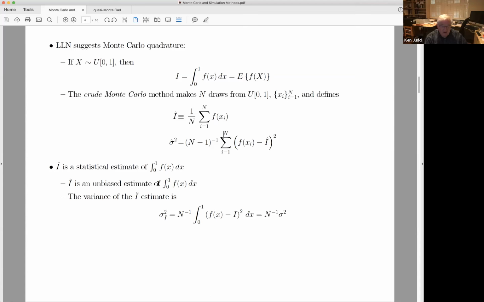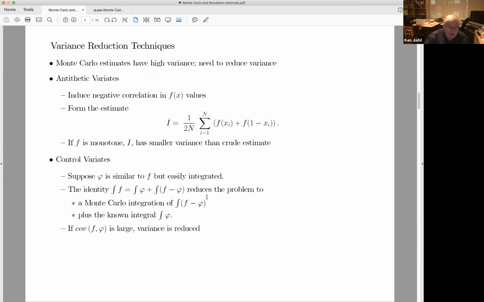And so I hat is an unbiased estimate of this integral. And then you say, hey, I've approximated the integral. But the problem is that it does have variance. In this sense, the variance corresponds to numerical error in other contexts; it's basically the numerical error.